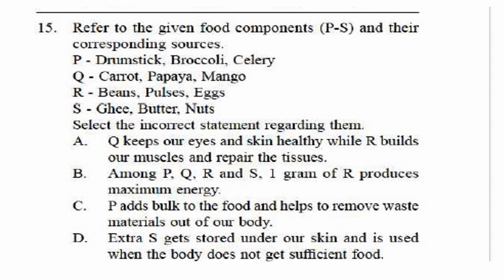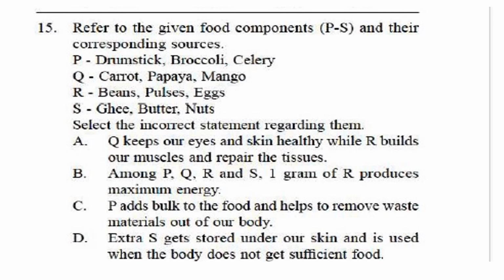Let's check one by one. For option A, Q keeps our eyes and skin healthy while R builds our muscles and repairs the tissue. Q is carrot, papaya and mango and they are filled with vitamins. They are plant food. And R is beans, pulses and eggs, that is protein. So option A is correct.